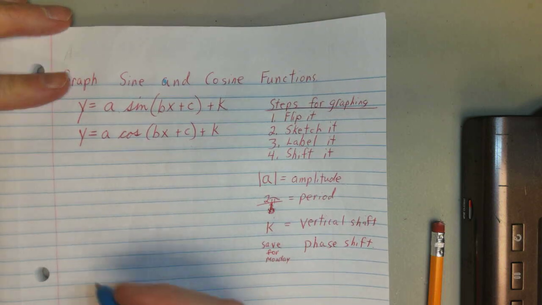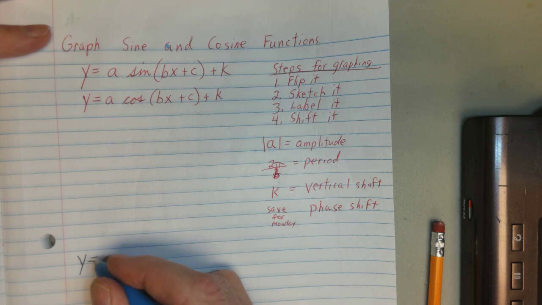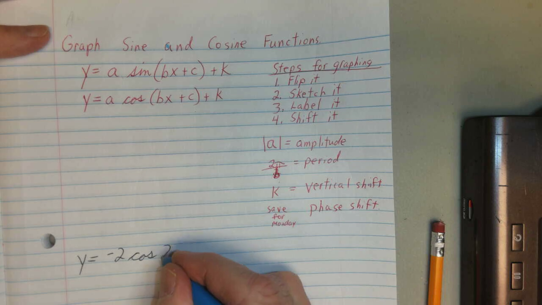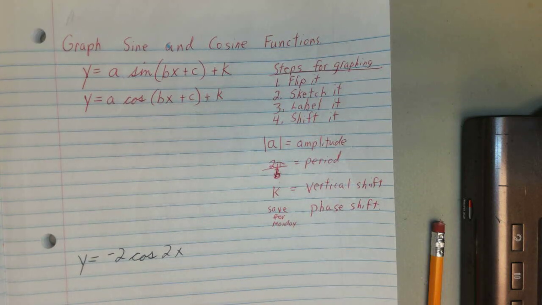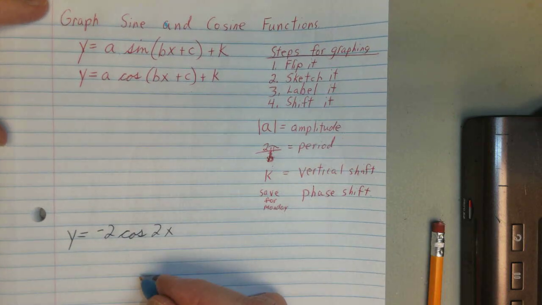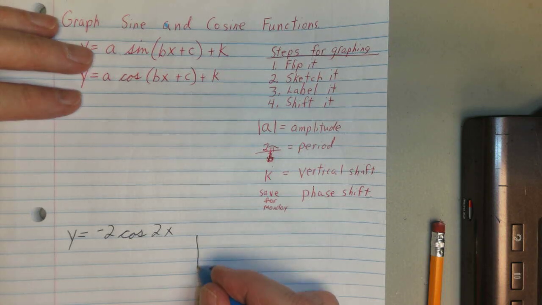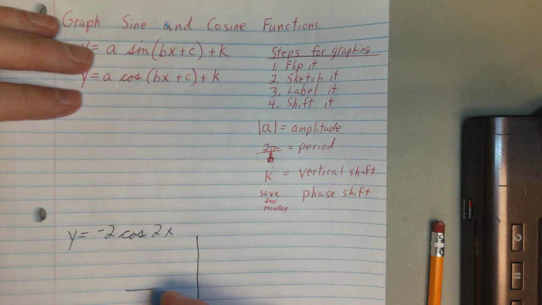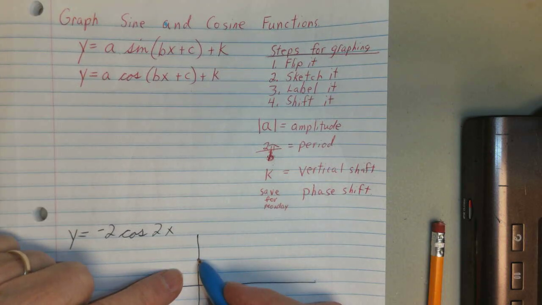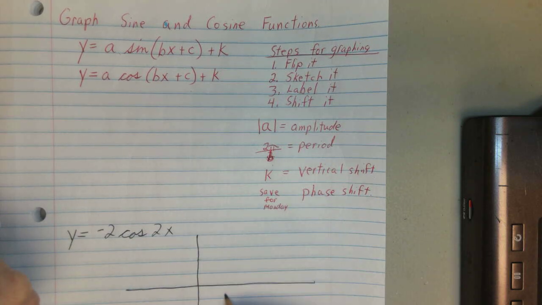First of all, I'm going to do y equals negative 2 cosine of 2x. I'm going to draw my axes. Remember that cosine kind of goes like this.